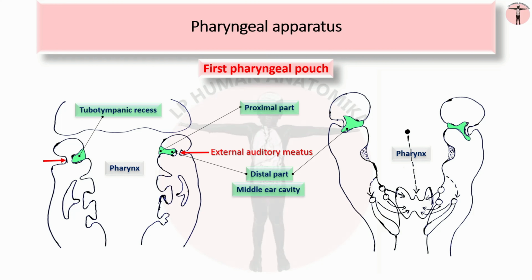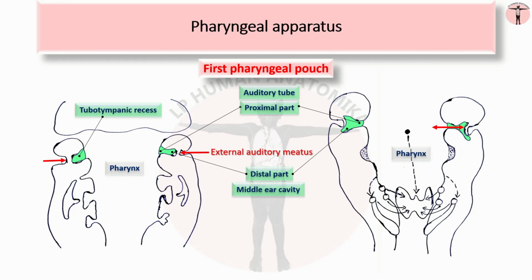And the proximal part remains narrow, forming the auditory tube or the eustachian tube or pharyngotympanic tube. This pharyngotympanic tube connects the tympanic cavity and the pharynx. The lining of the tympanic cavity later helps in the formation of the tympanic membrane or the eardrum.